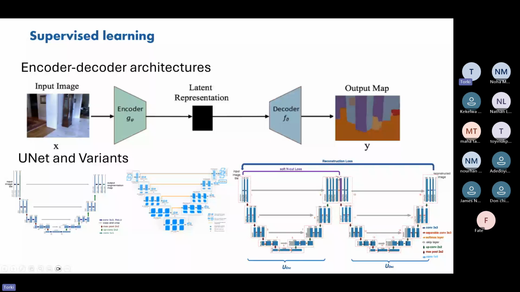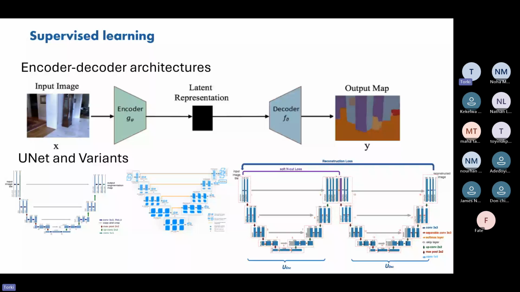The first one, computing some intermediate representation of the same size of the input, and then for this intermediate representation, do the contractor pass and expander pass. Okay, so these are very relevant architectures, and they are very widely used in image segmentation for medical domain, especially UNet and its variants.